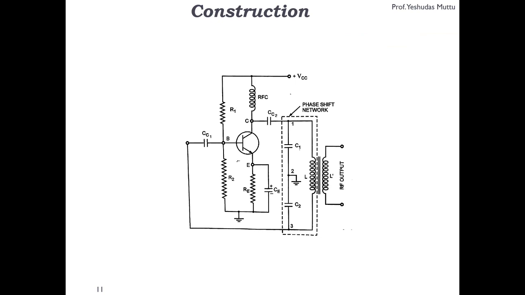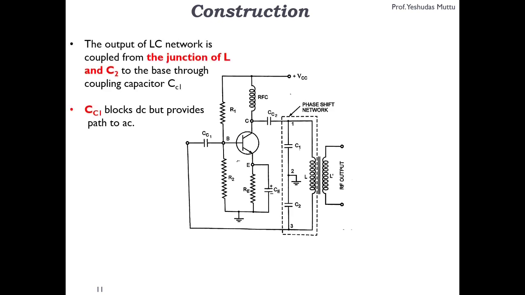To understand a little bit more, L and C2, the junction meets over here, it is given to base via CC1. The function of CC1 is to pass AC and block DC. Now transistor provides a phase shift of 180 degree because it's an inverting amplifier.